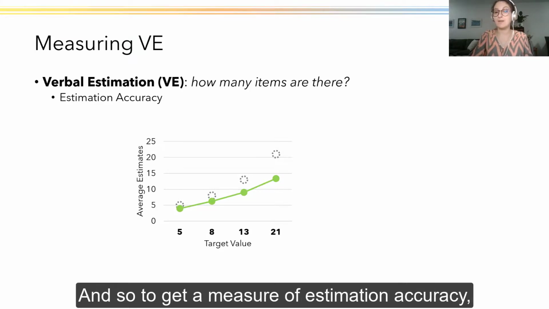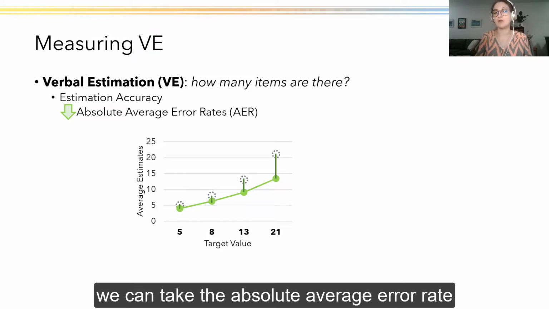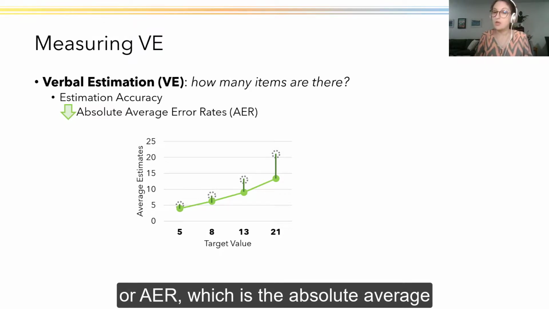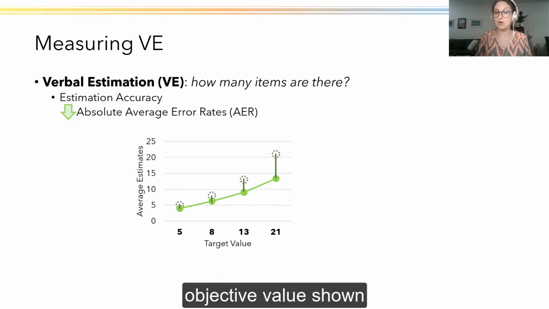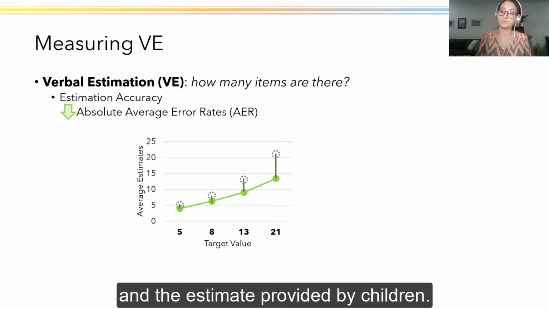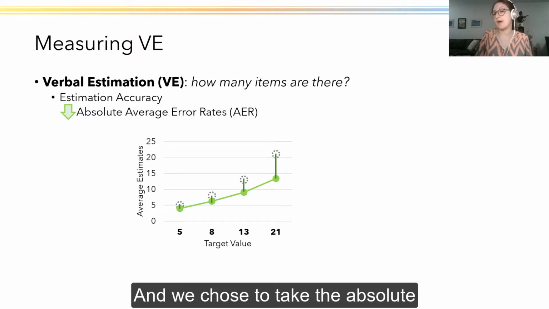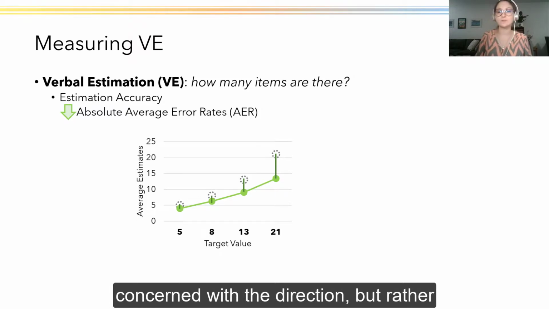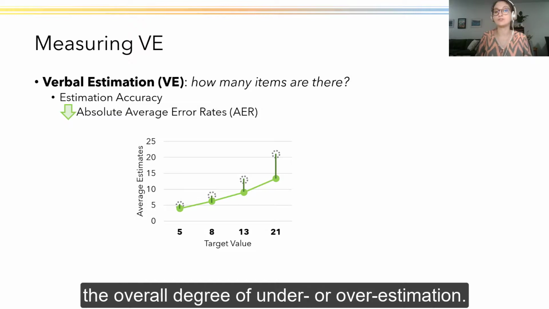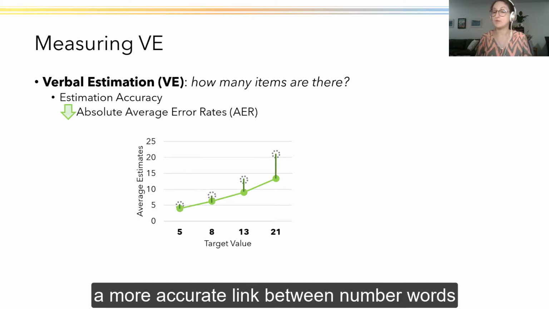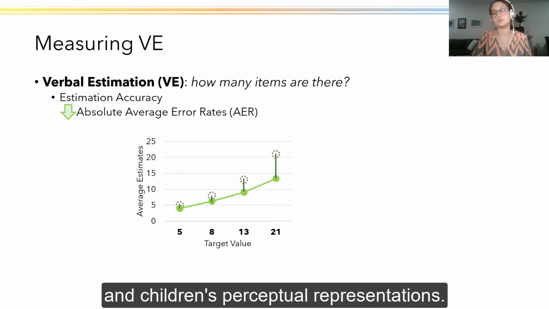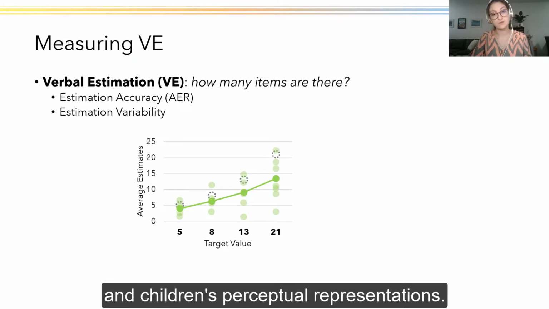And so to get a measure of estimation accuracy, we can take the absolute average error rate, or AER, which is the absolute average percent difference between the true objective value shown and the estimate provided by children. And we chose to take the absolute average error rates because we weren't concerned with the direction, but rather the overall degree of under or overestimation. Hence, AERs closer to 0 would indicate a more accurate link between number words and children's perceptual representations.